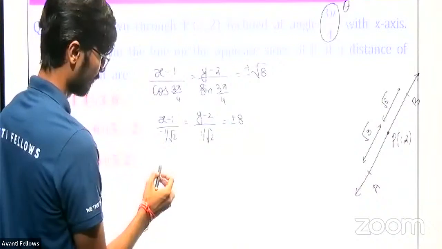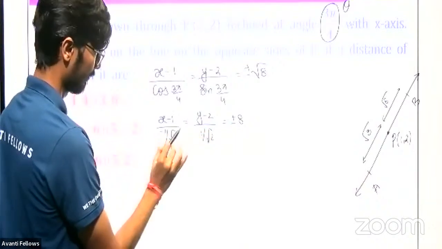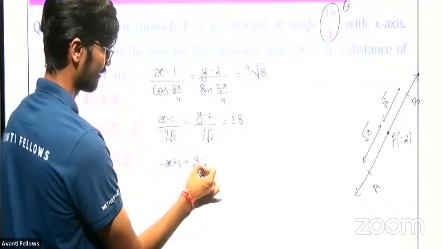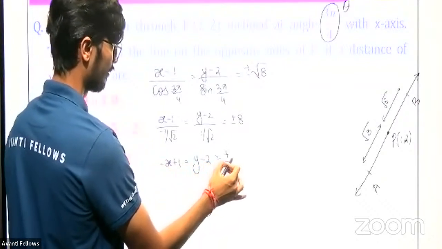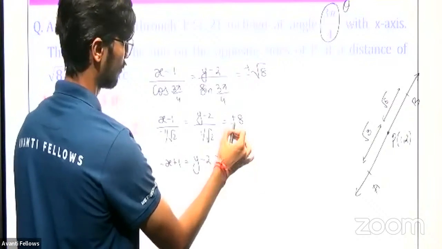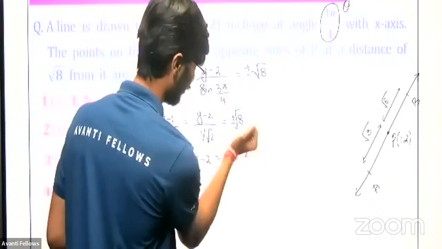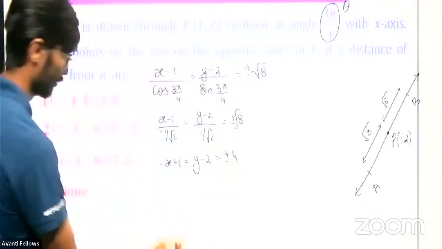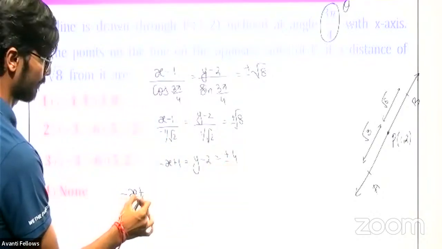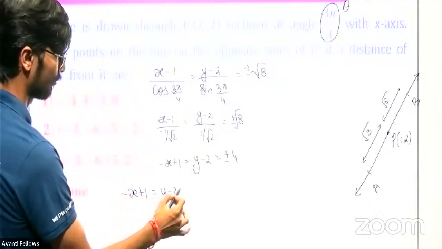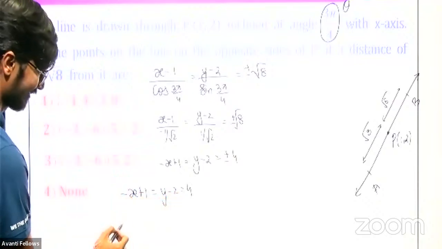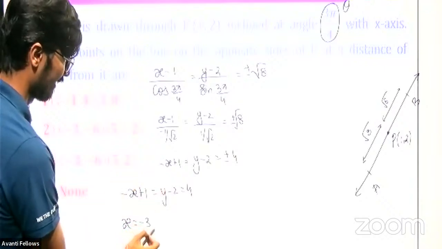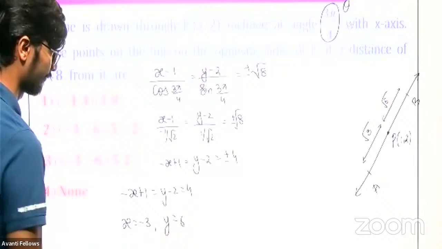So if I cross multiply, root 2 we can cross multiply, right? So minus (x minus 1) is equal to y minus 2, is equal to plus minus root 8 times root 2. So I'll get root 16, which is plus minus 4. For plus 4: minus x plus 1 is equal to y minus 2, is equal to 4. So I'll get x equals minus 3 and y equals 6.